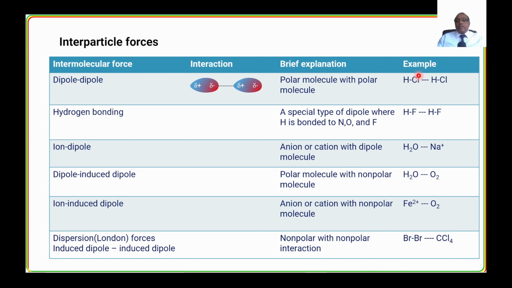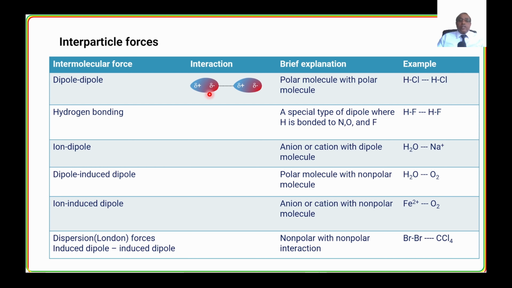Because of that, you will have a partial negative charge on chlorine and a partial positive charge on hydrogen. So you have two poles in a molecule, one negative, the other positive. We call this a dipole because you have two poles.